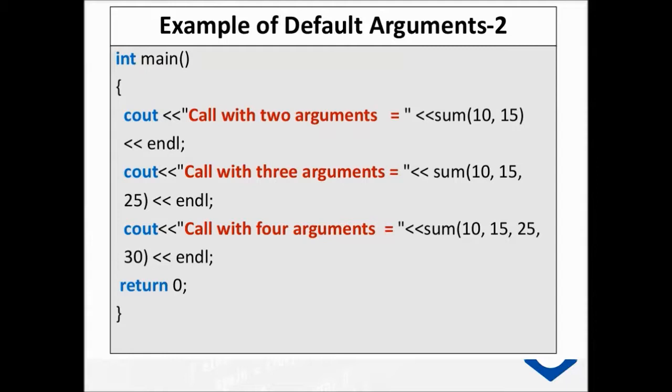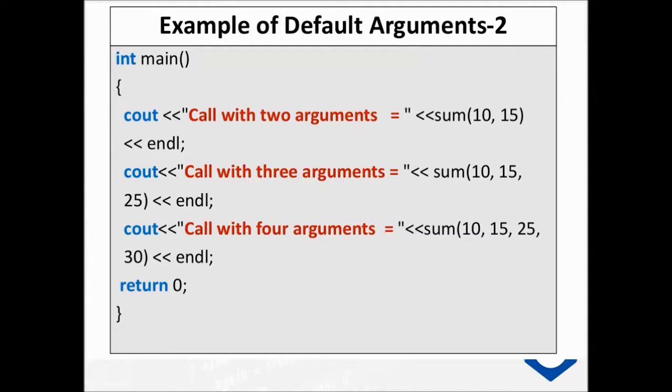In the second line we call this function with 3 arguments. We write sum 10, 15 and 25. Here 10 goes to x, 15 is stored in the y variable, and 25 is stored in the z variable. Now z takes the value 25 instead of z is equal to 0, and the remaining variable w uses the default argument value, that is w is equal to 0.